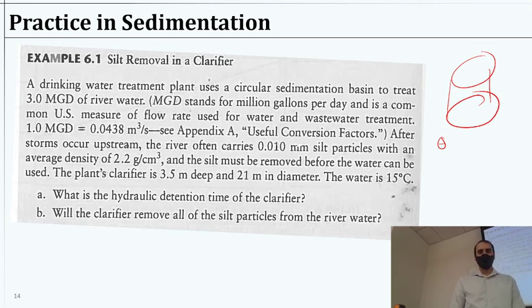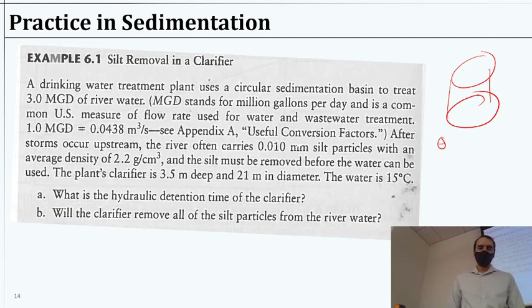Got a drinking water treatment plant, uses a circular sedimentation basin to treat 3 million gallons per day of river water. Gives us some information about MGDs. After a storm occurs upstream, the river often carries 0.01 millimeter silt particles with an average density of 2.2 grams per centimeter cubed.